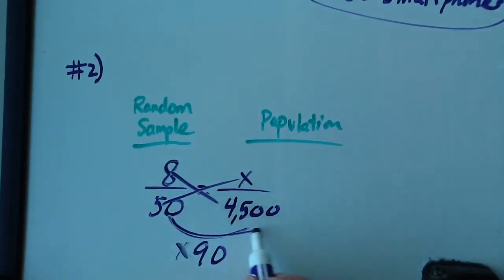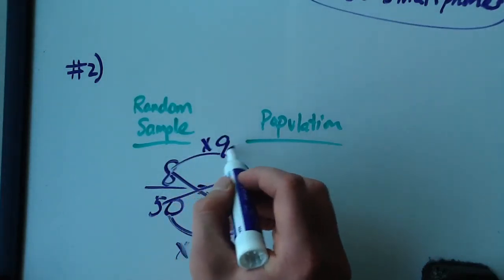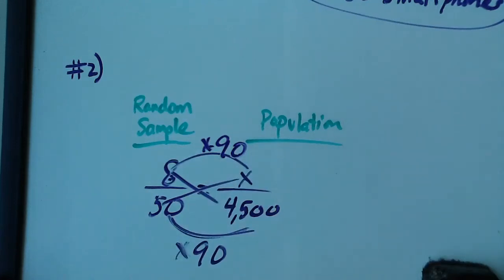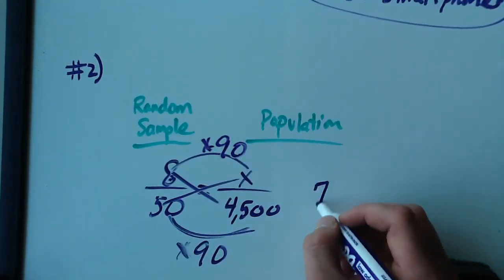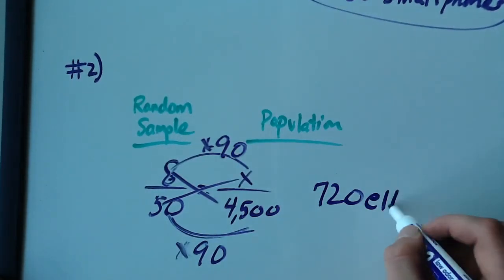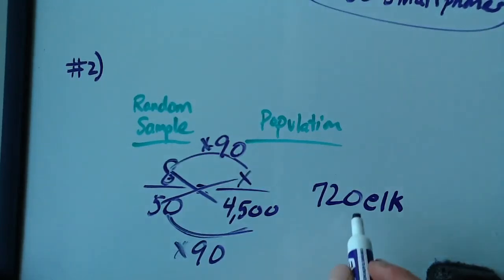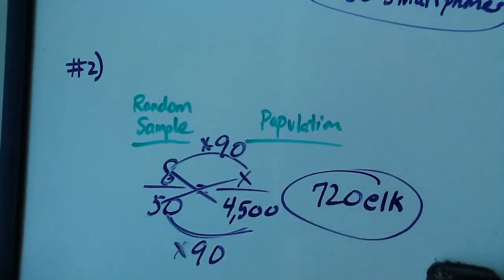And if you multiply the bottom times 90, you multiply the top times 90. So 8 times 90, that's going to be 720. So how many elk are likely to be infected? Well, 720 elk. So I went ahead and solved it for you, even though I said I would just set it up. But that's what number 2 should look like.